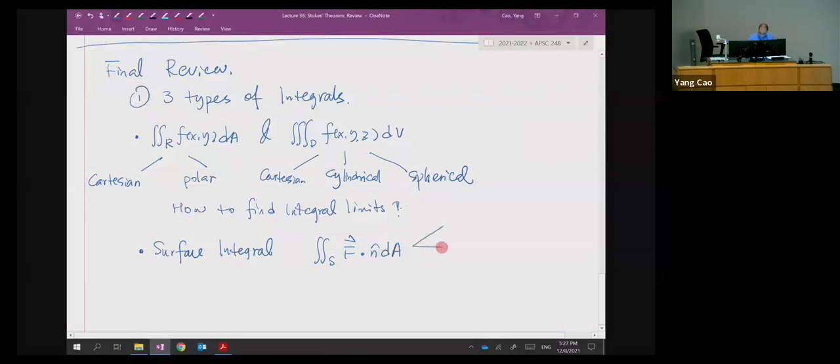Over here, you have 4 different choices: spherical, cylindrical, a plane, and a general z equals f of x, y. Like what we just did, instead of f here, this is del cross f, but del cross f gives you another vector field, so it's still a vector field over here.